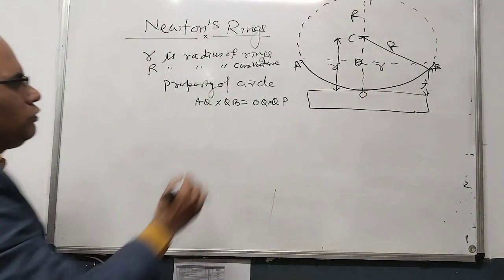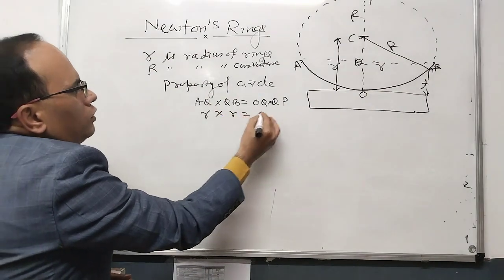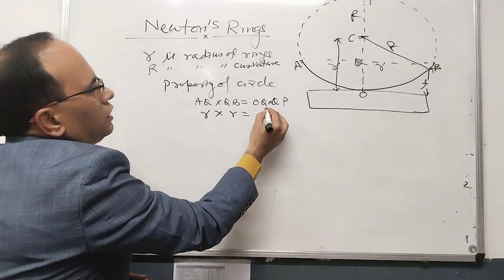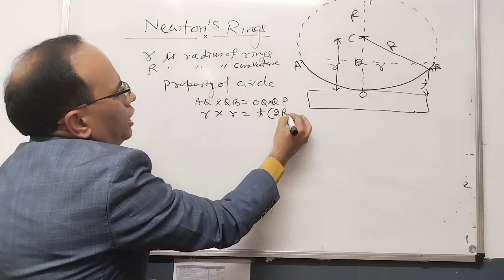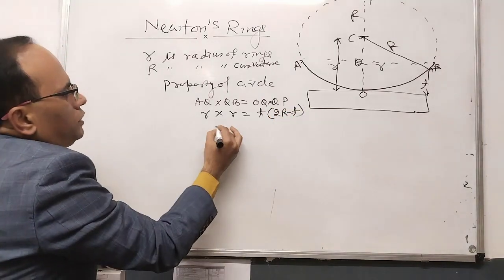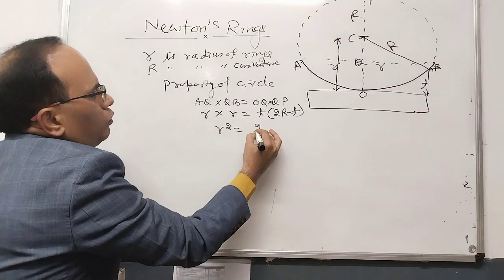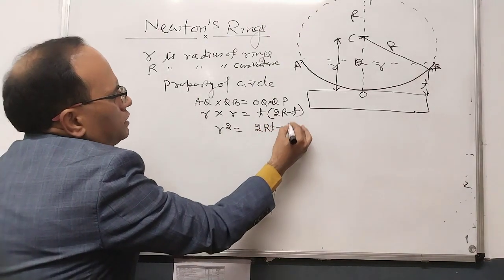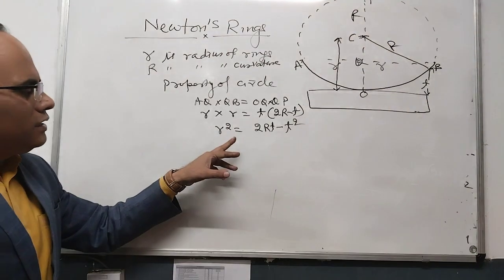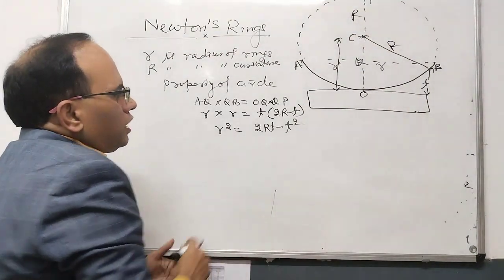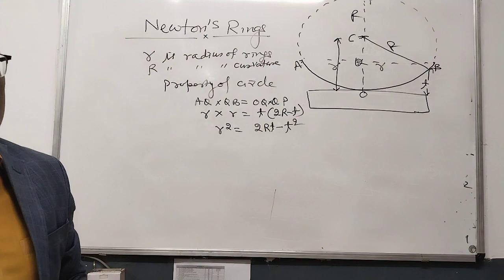So simply substituting values, r into r equals OQ, which is the small t thickness, into 2R minus t. This way r square will be 2Rt minus t square.